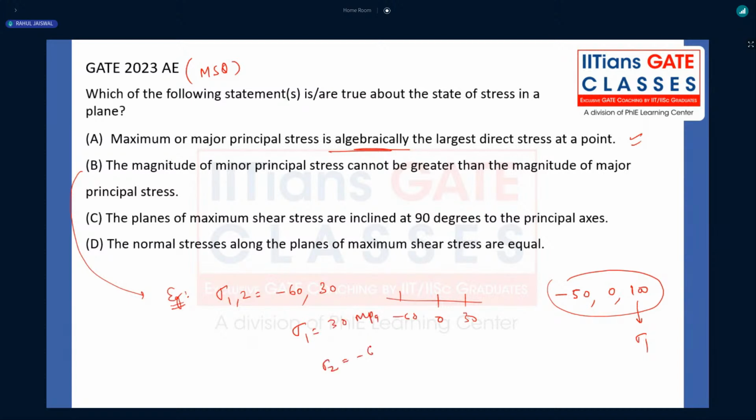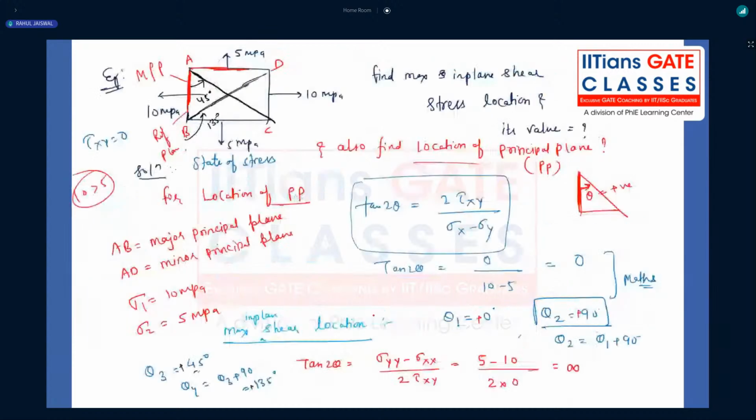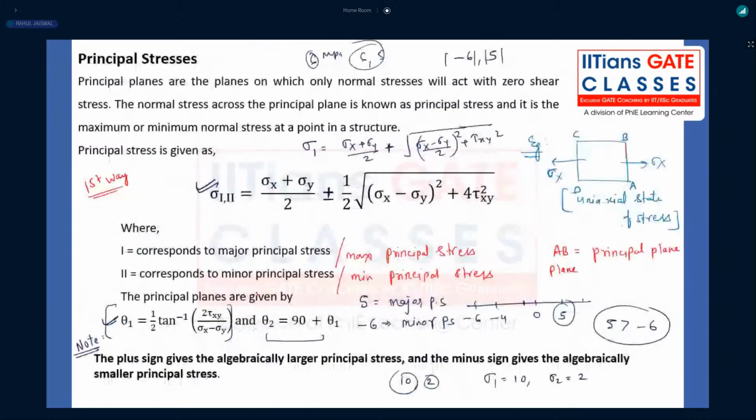What is sigma 2? Automatically, that will be the algebraically least value. What is the definition of the minor principal stress? Read that once again. It gives the algebraically smaller principal stress, right?